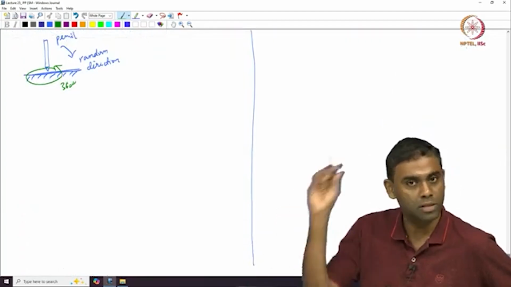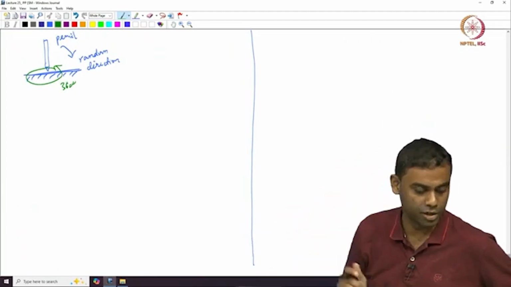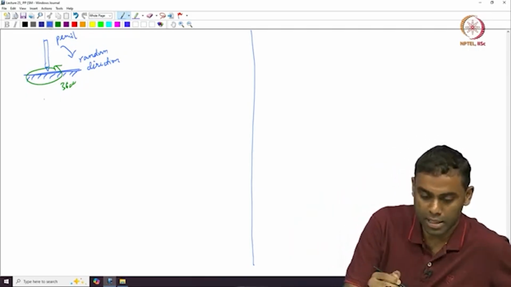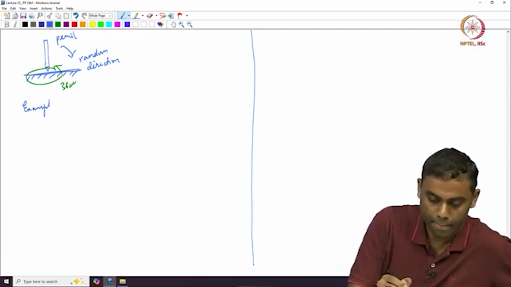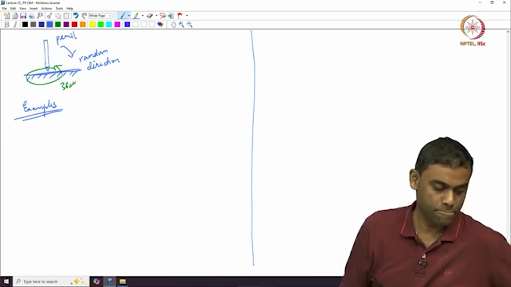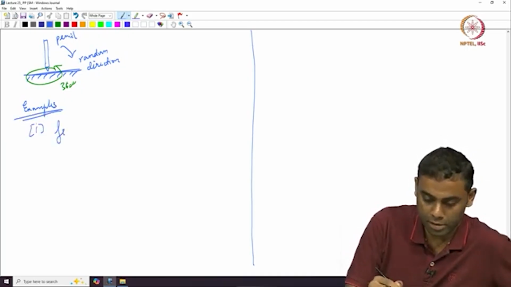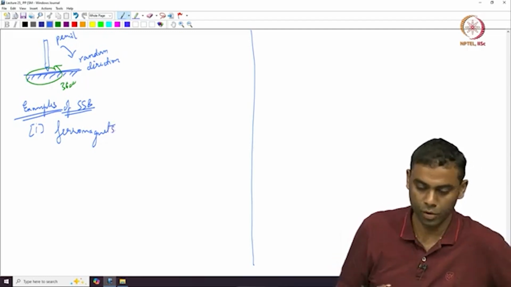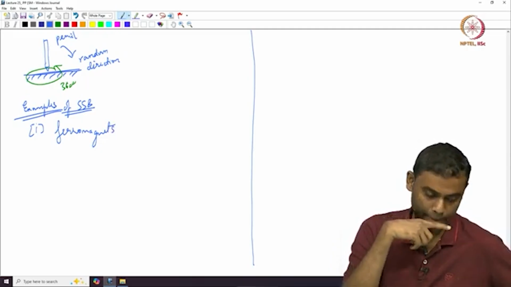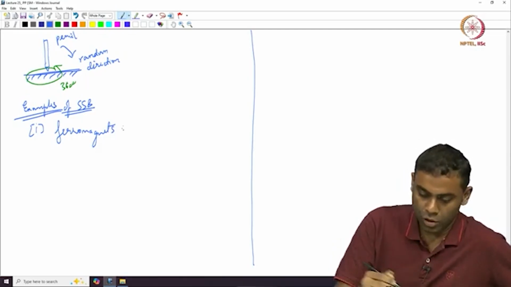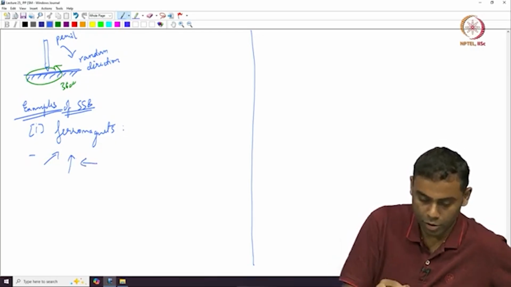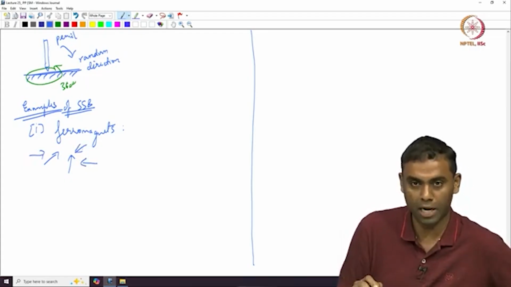So, let me clarify this with some more examples of spontaneous symmetry breaking, okay. There is one classic example of ferromagnets. Okay. So, how do ferromagnets work? The electron spins in a ferromagnet, before it becomes a ferromagnet, actually, I think it is called a paramagnet.